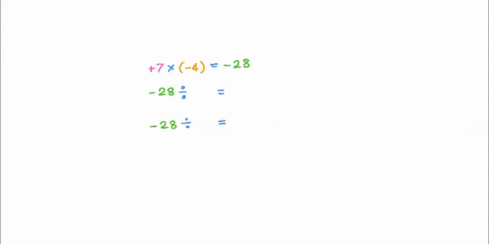So if I write -4 here, then the answer is going to be the second multiplier, which is +7. And if I write +7 here, then the answer is going to be -4. So every multiplication statement has two division statements.